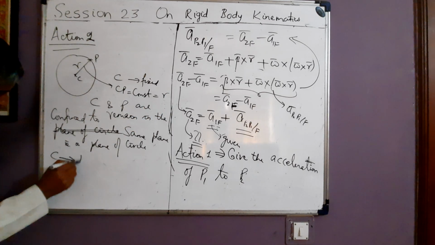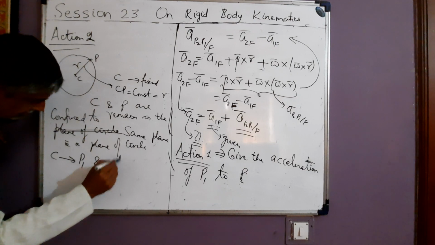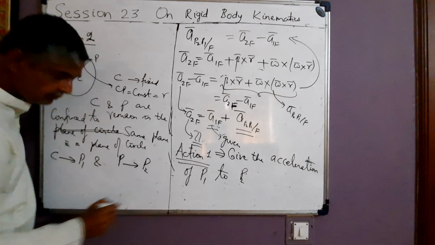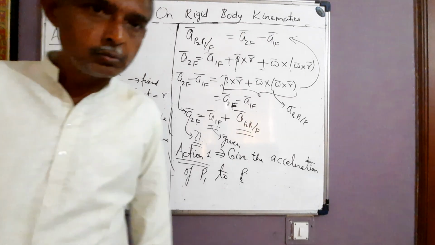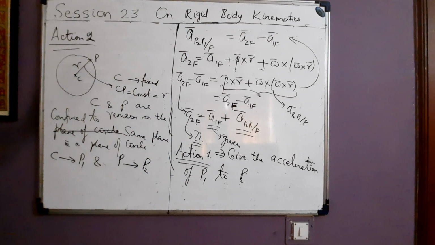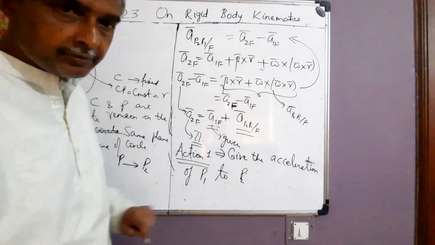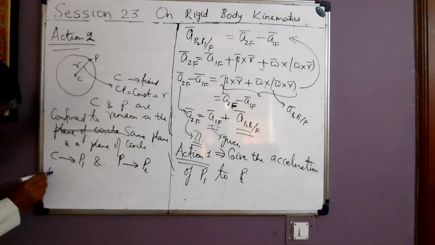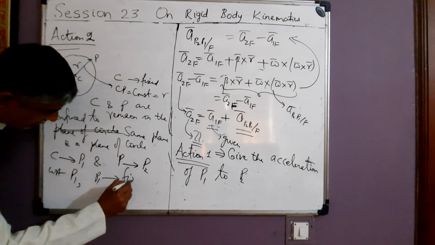Instead of C, we take P1, and instead of P, we take P2. Alright? So now see, we have to evaluate this term, the acceleration of P2 with respect to P1 in frame F. Now see, with respect to P1, P1 is what?